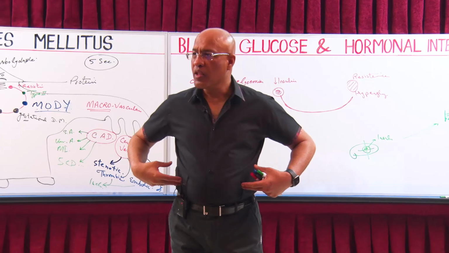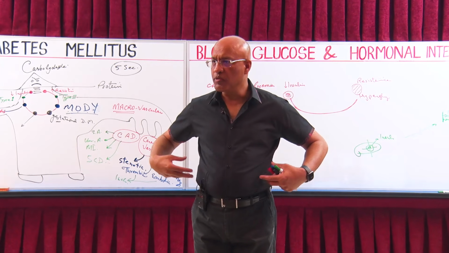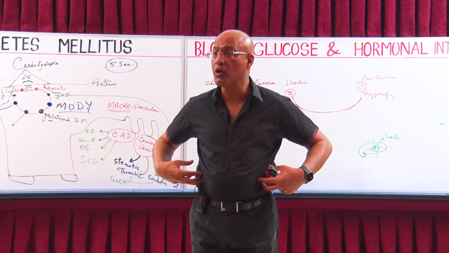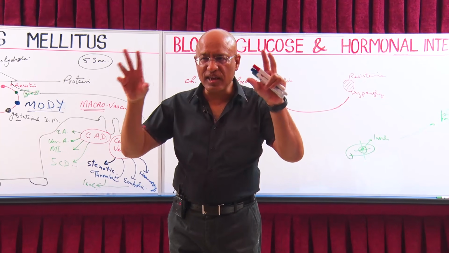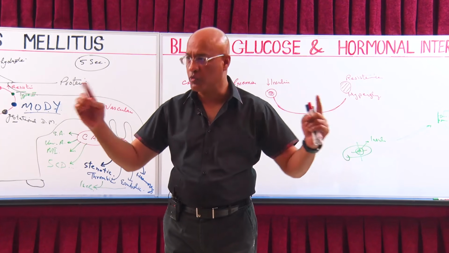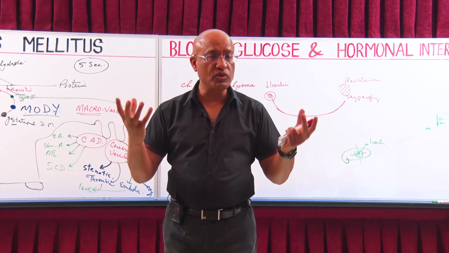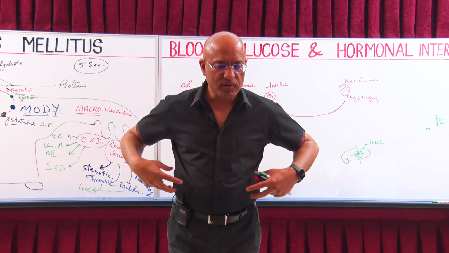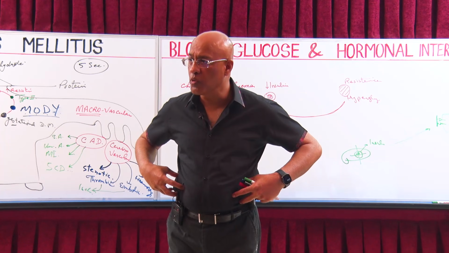So this microangiopathy which develops in the blood vessels of the kidney, classically in the glomeruli, even though it can develop in peritubular capillaries also, produces dysfunctional glomeruli.